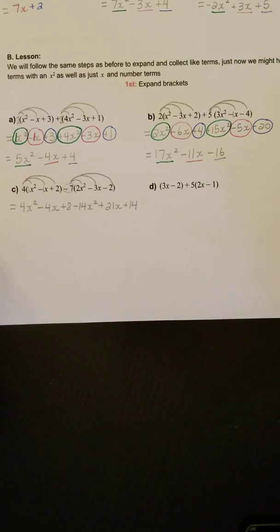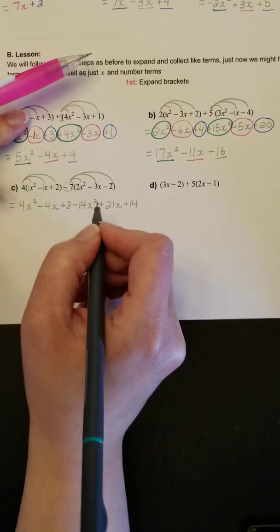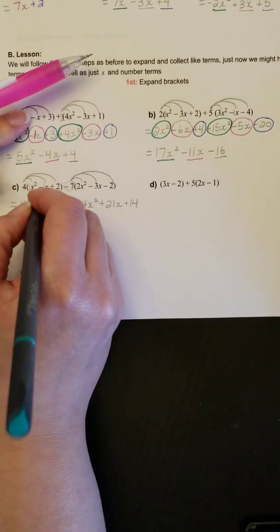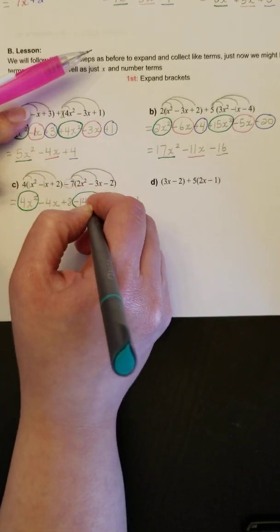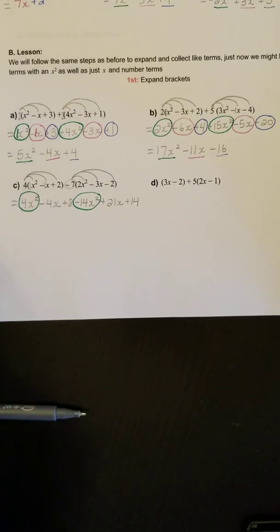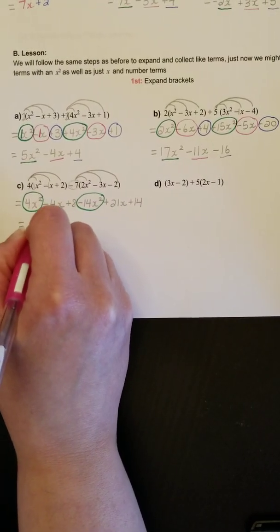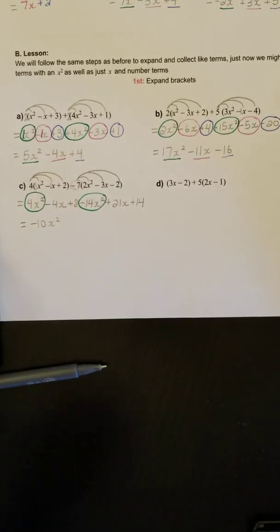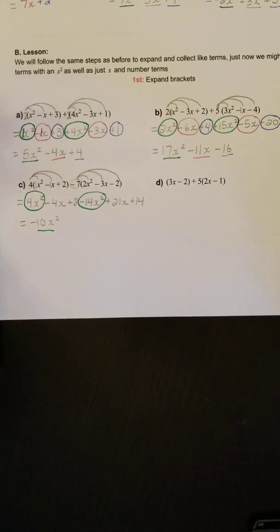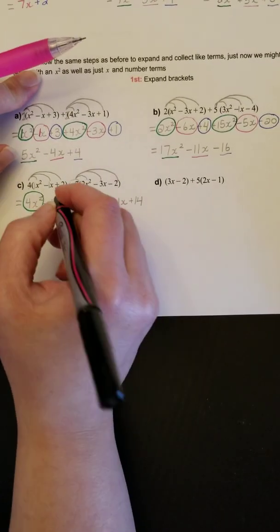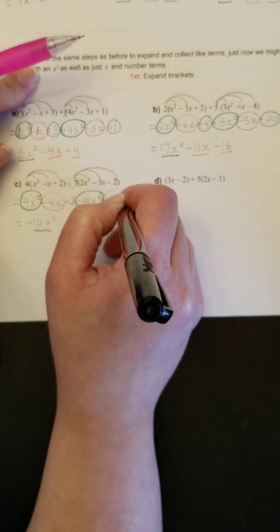We're going to look at all of my like terms here. We have 4x squared minus 14x squared. So 4x squared, take away 14x squared. That gives me negative 10x squared. Then I'm going to look at my x's. I have negative 4x plus 21x.